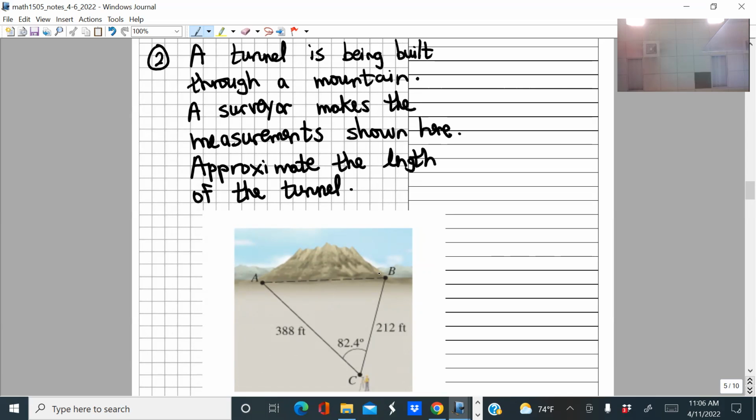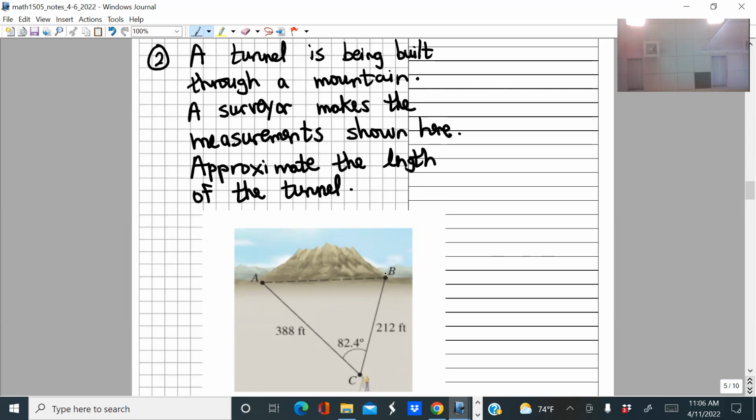Say we don't have any guarantees that anything in this picture is a right angle, right? So we really can't use our straightforward right angle trigonometry, but that's okay. We can use maybe the law of cosines. So how shall we label things? First you want to label your angles.